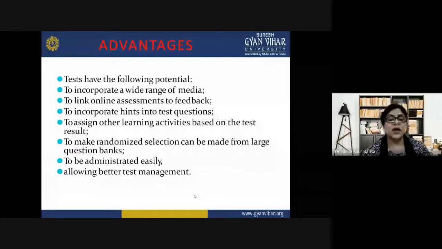And it is really very important to understand that it can be measured very easily. So students understand that these tests have high potential to incorporate a wide range of media, link online assessment to feedback, as I have already told you, incorporate hints into test questions, and assign other learning activities based on the test results. Randomized selection can be made from large question banks to be administered easily, allowing better test management.